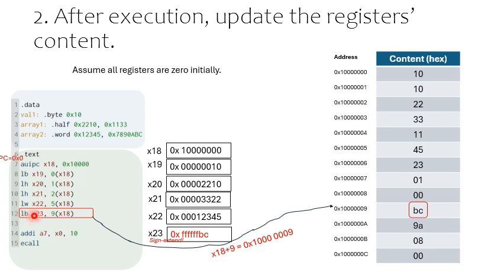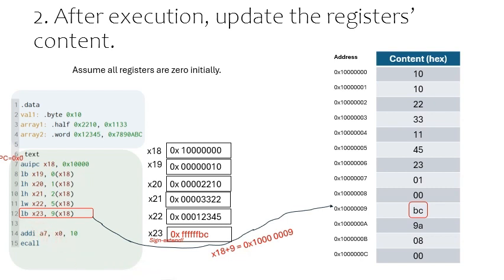Then when the data comes to the destination register, we need to perform the sign extension. Okay, because by default the data in the register in RISC-V is described in two's complement. If we need unsigned, then we need to use a slightly different instruction, for example LBU, which means you want to fetch the unsigned byte from the memory.